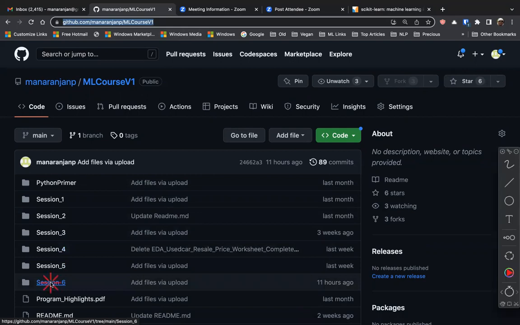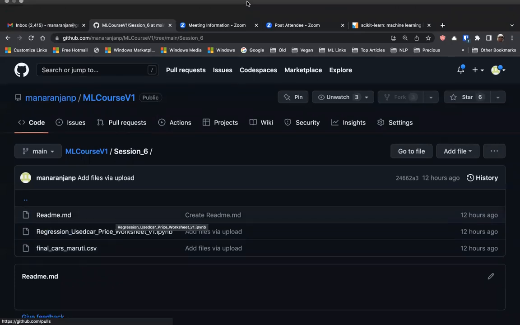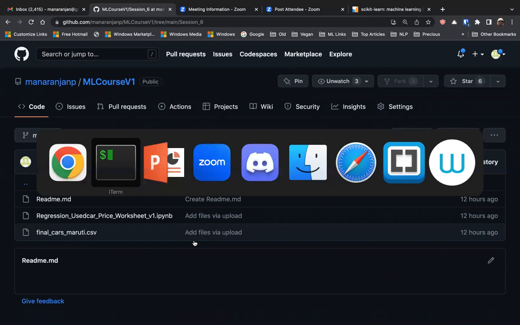I have uploaded the files into session 6. This is the data file, final cars maruti.csv, which was an output of our EDA, and we'll be leveraging that to build a model. I have also uploaded a worksheet, and we will work through that.